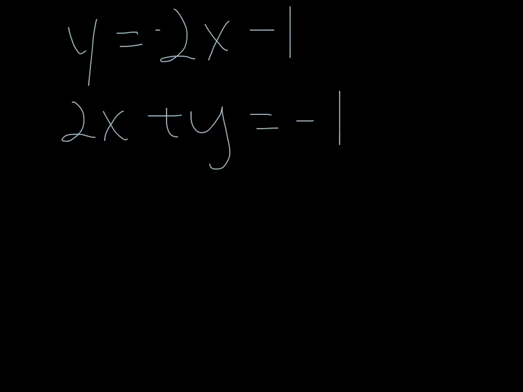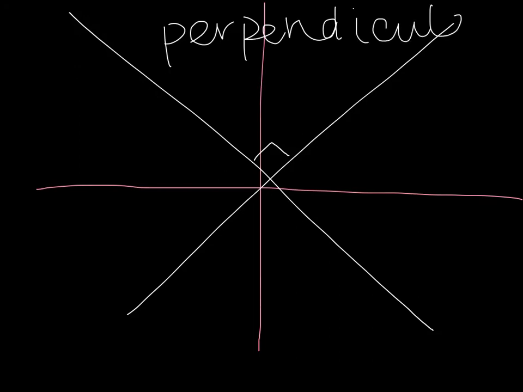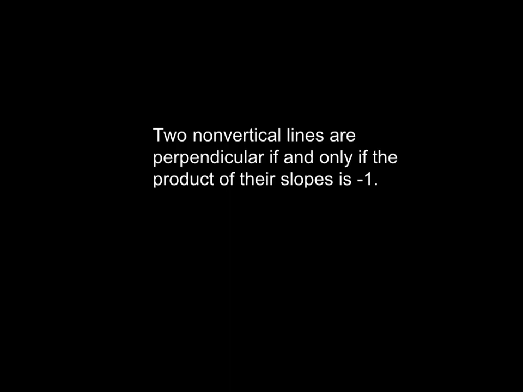And there you go. When two lines are in the same plane and form a 90-degree angle with each other, they are said to be perpendicular. The theorem for this is, two non-vertical lines are perpendicular if and only if the product, so multiply, of their slopes is negative 1.